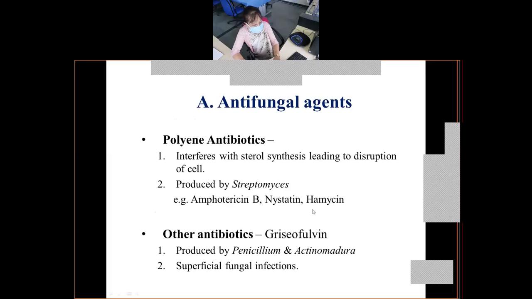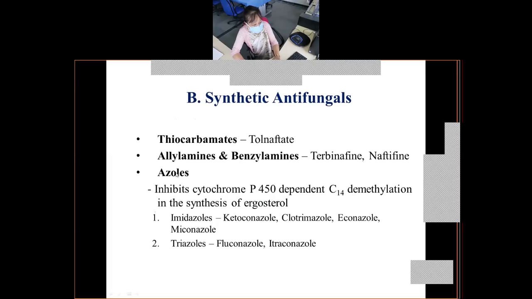Probably this will be told to you more when you do your pharmacology, about the effects and principles of how these drugs work. But just for you to be familiar, you have polyene antibiotics, amphotericin B, then you have griseofulvin, which can be used. Then you have the azoles, common drugs, ketoconazole, fluconazole. So these are some of the antifungal drugs which are used for treatment of the various fungal infections.